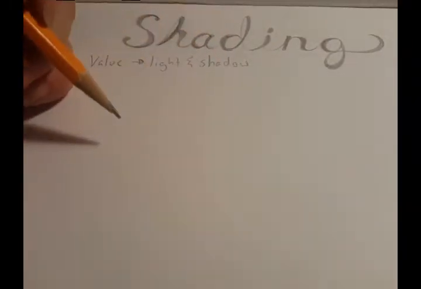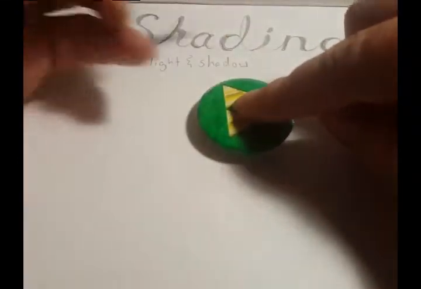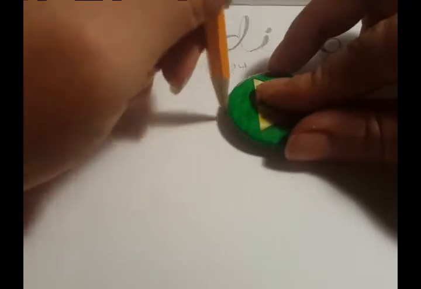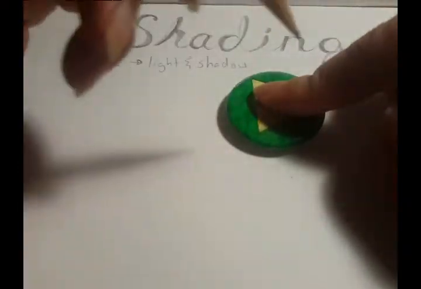And light and shadow turn a shape into a form. So for a shape, we might have the shape of a circle. So I'm just going to trace this button. Alright, so a circle is a shape. It's two-dimensional, it's flat.